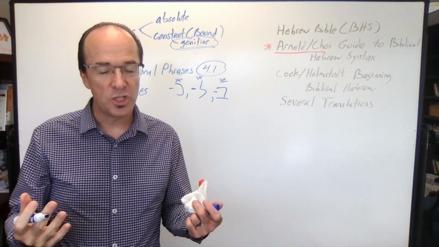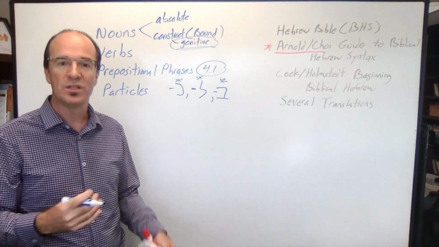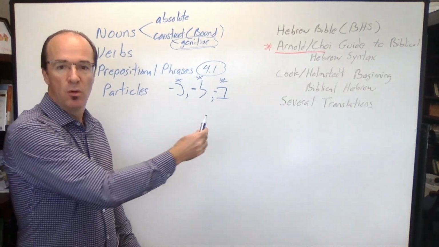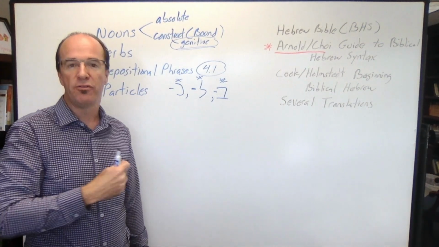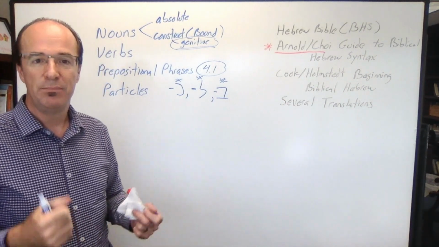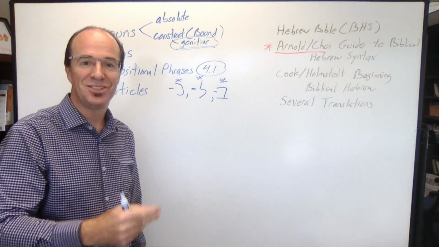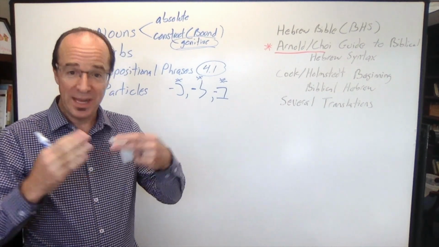So when you find a preposition in your Hebrew text and you want to figure out what's the force of it, what's the meaning of it, because you remember, when you learned bet, lamed, and kaf for a vocabulary quiz, what did you learn bet meant? It can be in, it can be with, it can be by, it can be against, it can pretty much be almost anything, right?